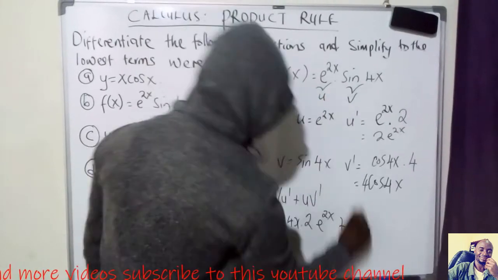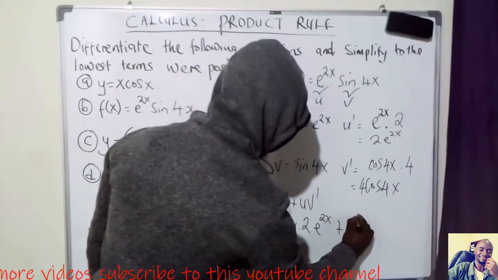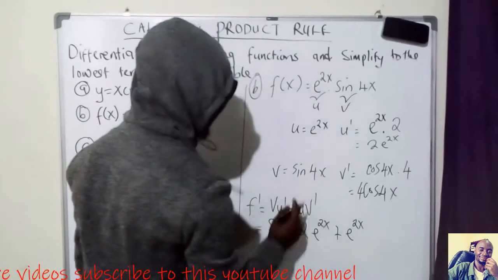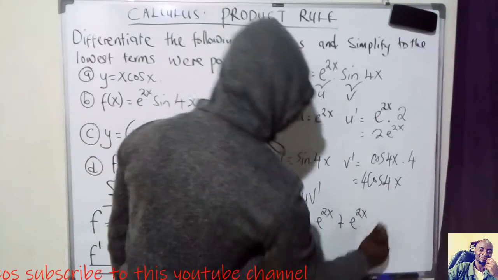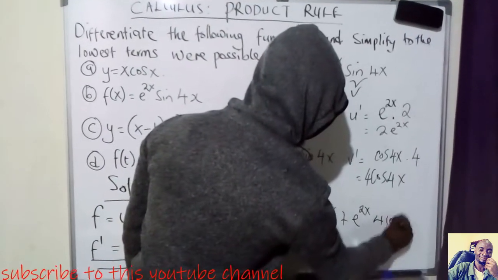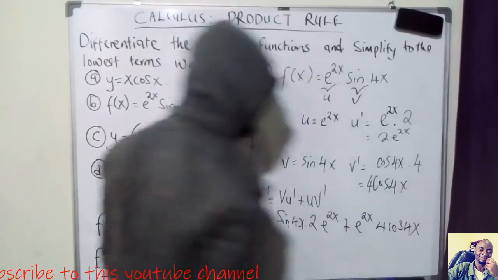Our u is this one, e^(2x), multiplied by our v prime, which is 4 cos 4x.